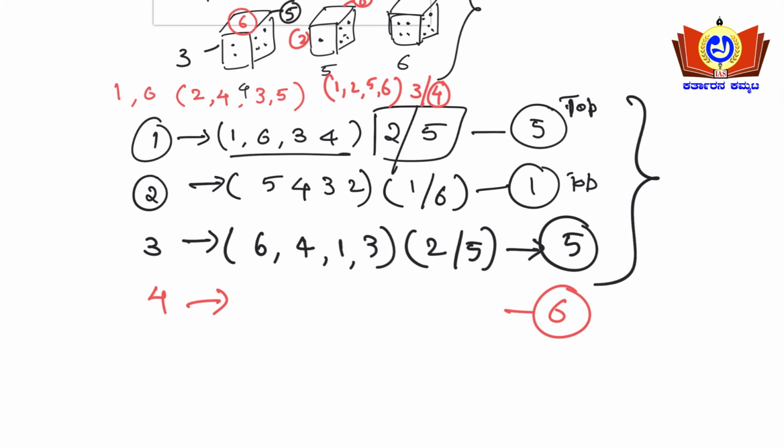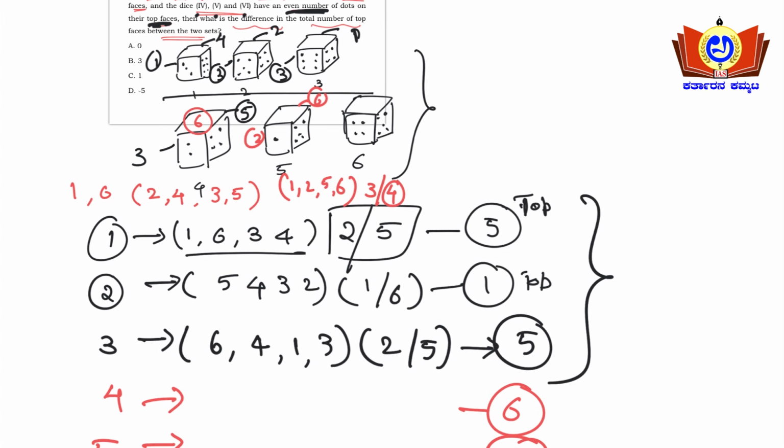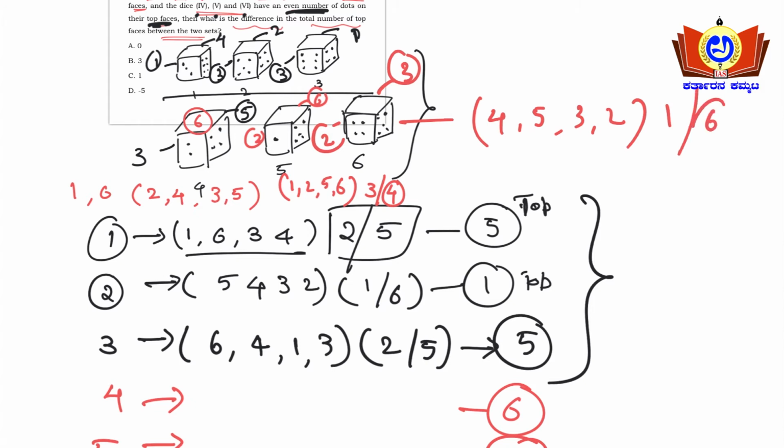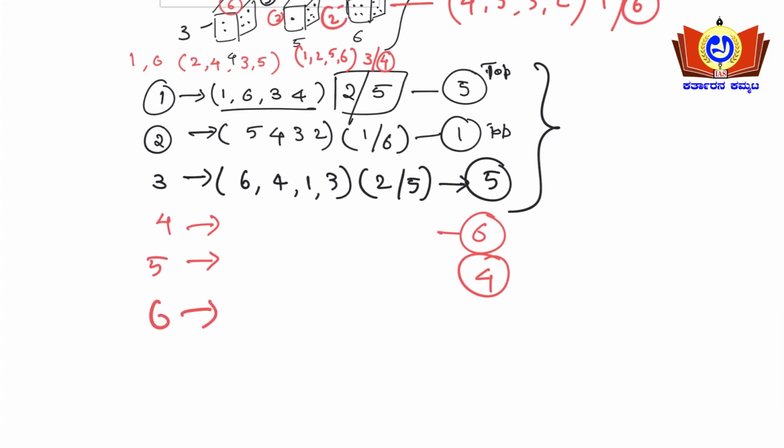So for the fifth dice, the top face is 4 here, and for the sixth dice, 3 is there, 2 is there. So 4, 5, 3 and 2, the remaining options are 1 or 6. Okay, so even number means 6 here. So for the sixth dice, the top face is 6 here.